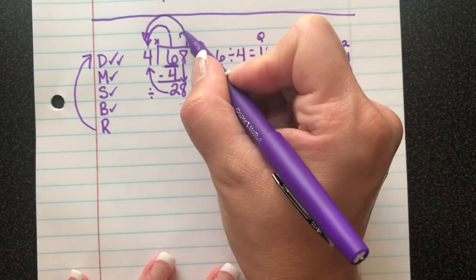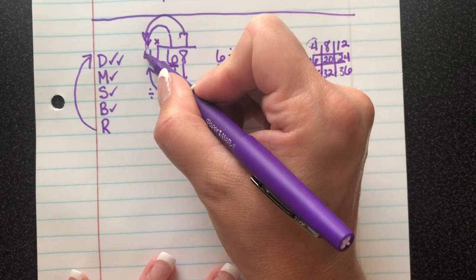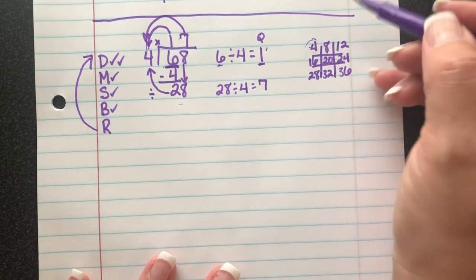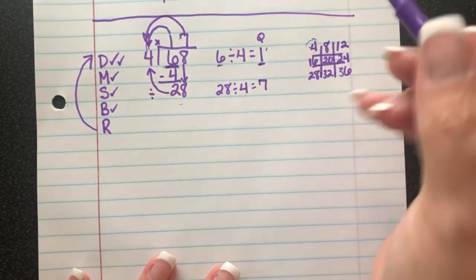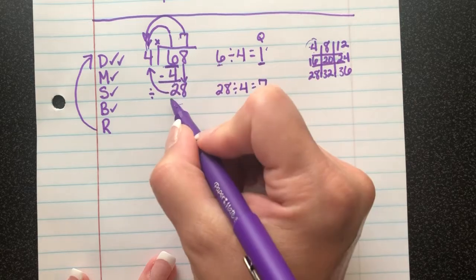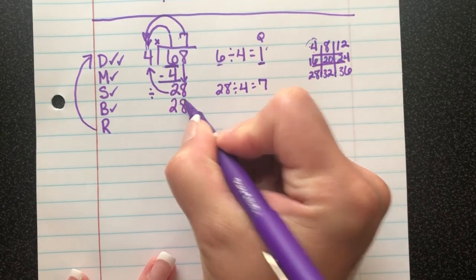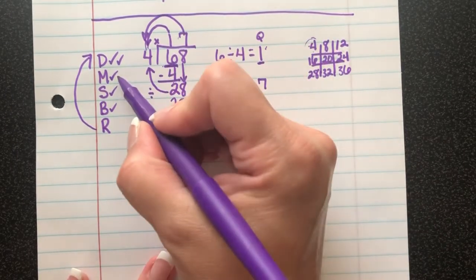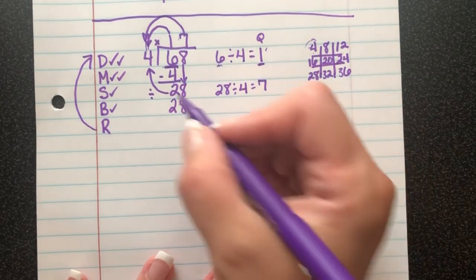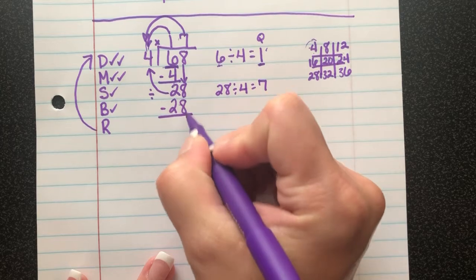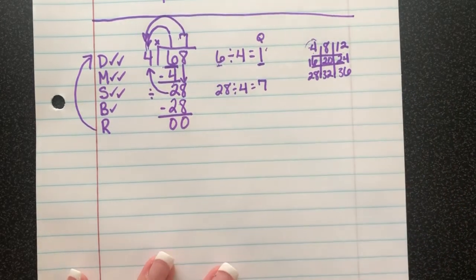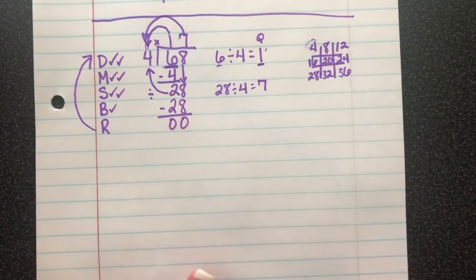We are only multiplying the 7 times 4, okay? 7 times 4 is 28, okay? So that 28 is gonna go down here, okay? So we've multiplied. Now I need to take my 28 and subtract 28 from it, and that leaves me with 0.